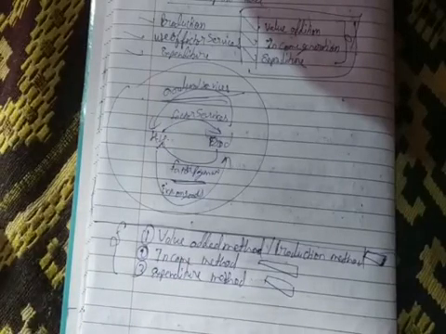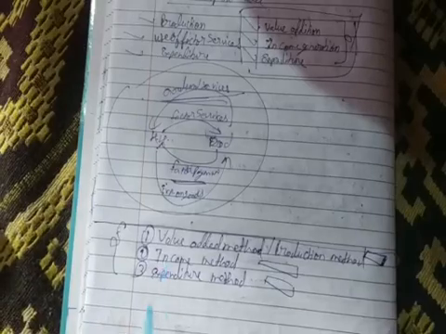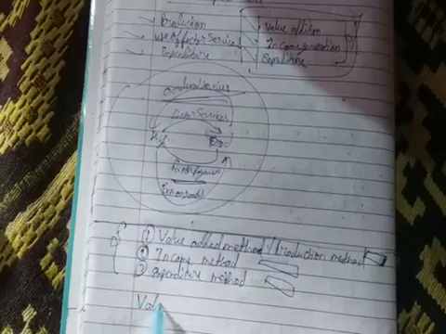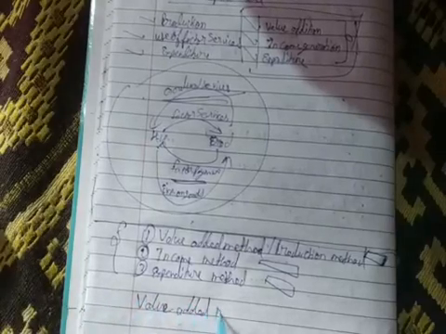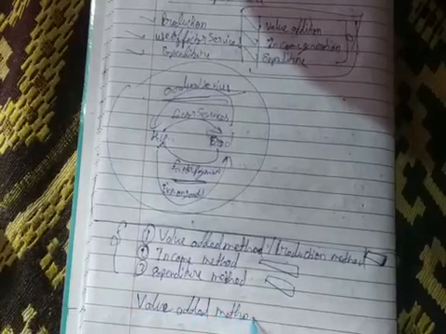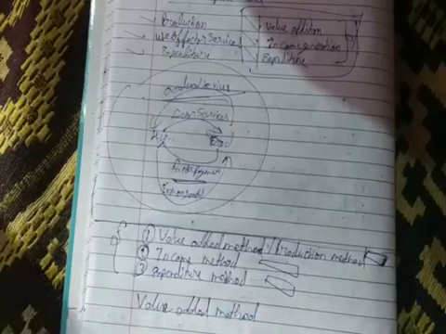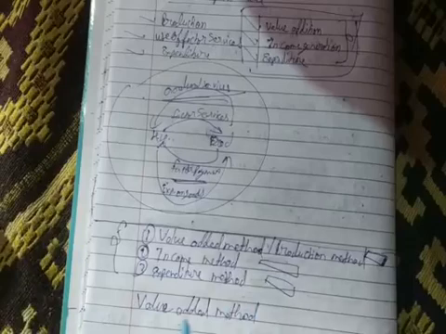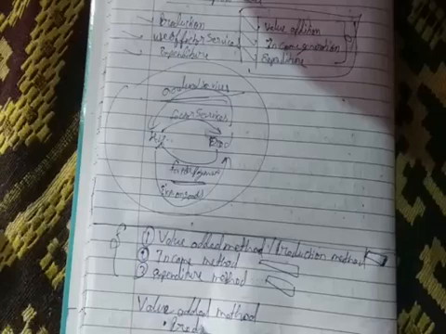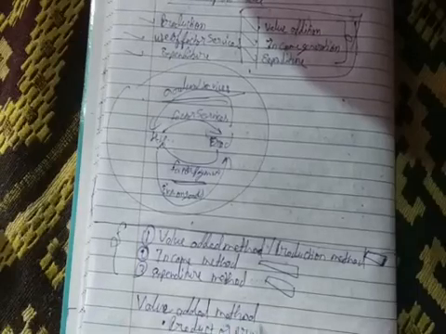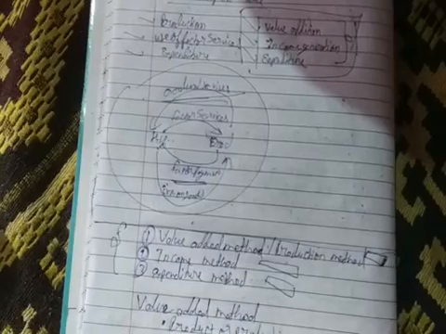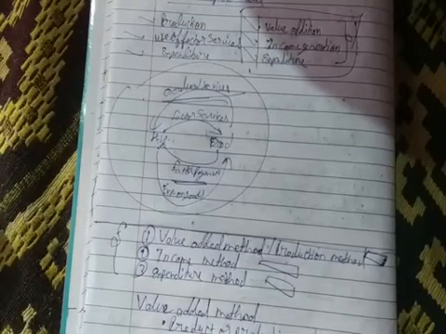Now first we study the first method, that is the value added method. This method is known by many other names. The first one is the product or production method.